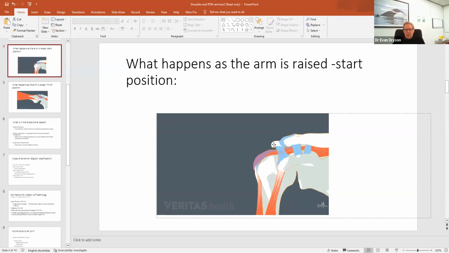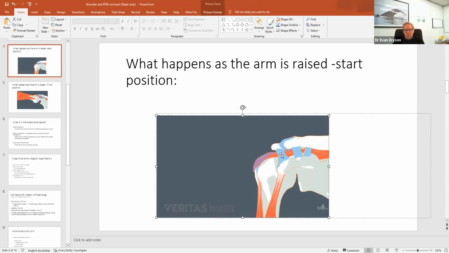The acromion is part of the scapula. So underneath the acromion is a space between that and the top of the humerus. So not unreasonably, it's called the subacromial space. And the subacromial space is, I would say, the hero of this discussion today. That's what we're going to be talking about.